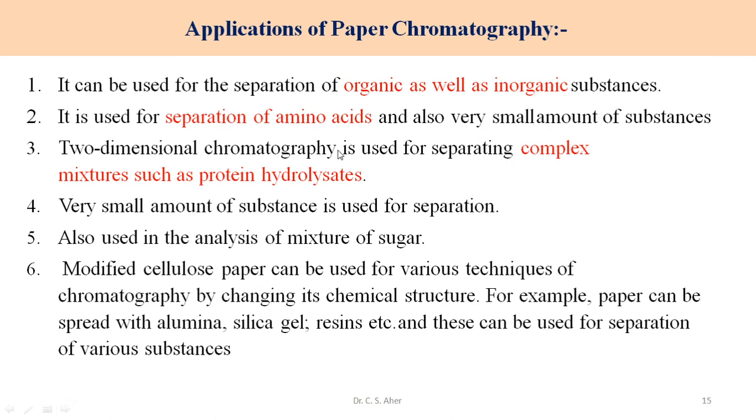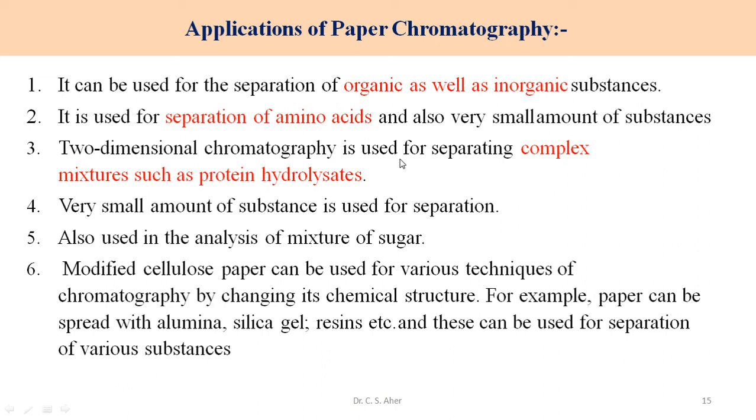Applications of paper chromatography. What are the applications? It is used for the separation of organic as well as inorganic substances. It is used for the separation of amino acids, and also very small amounts of substances. Very small amounts of substances get separated using paper chromatography.